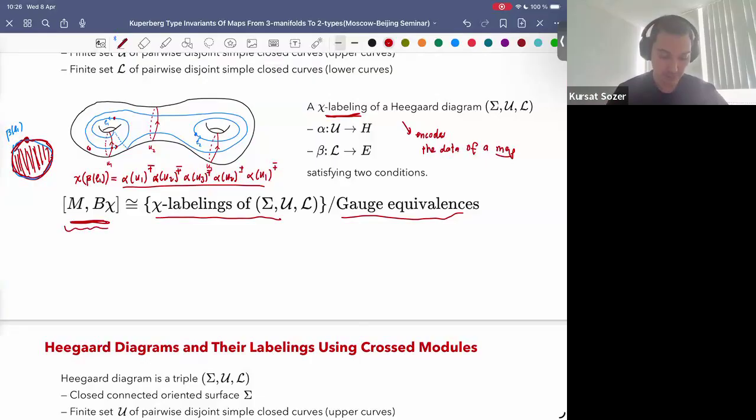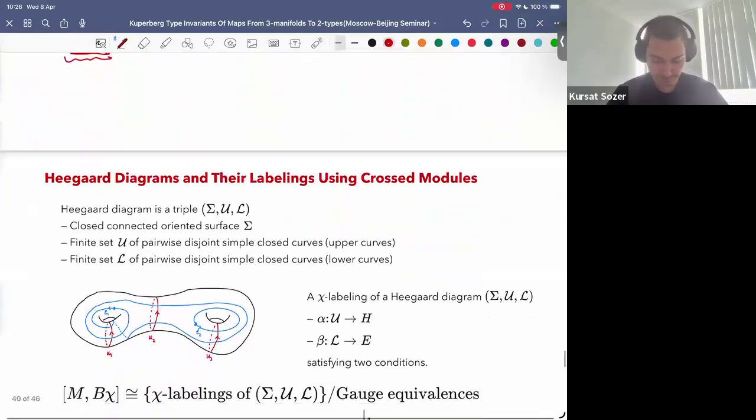The left-hand side is precisely topological: the number of homotopy classes from a closed oriented three-manifold to a connected homotopy two-type. And the right-hand side is just certain algebraic maps satisfying certain conditions, up to algebraic equivalence. It is really an algebraic description of this homotopy class of maps.